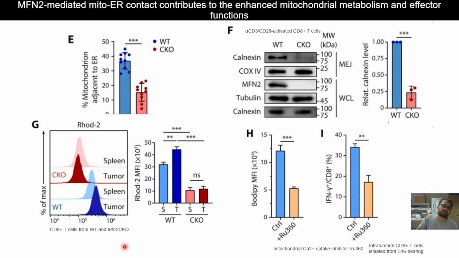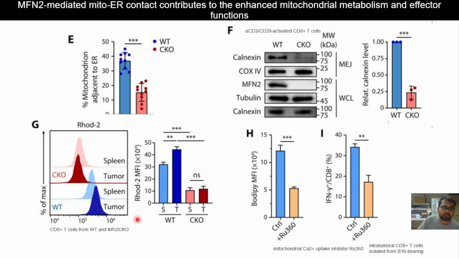Further, they also used this dye Rhod-2, which suggests the total calcium intake, because it is known that when the ER and mitochondria contact happens, the transport of calcium on both sides is happening. So they wanted to know what is happening with the calcium concentration in the mitochondria of these cells.